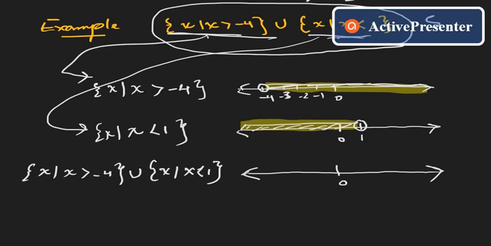So what is S, or what is the union of them? We can say simply it is from negative infinity to positive infinity. That is, it will take all the values, even this, the open one, because here it is closed. It is the set of real numbers that are either greater than minus 4 or less than 1.